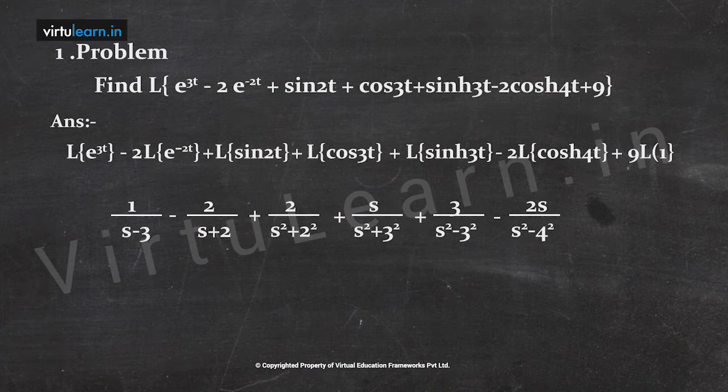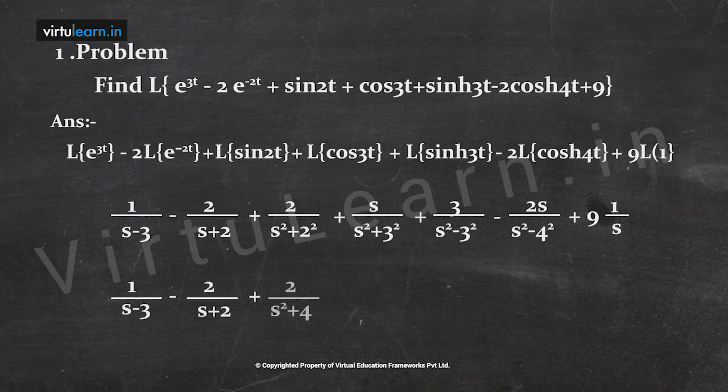Now Laplace transform of 1 is nothing but 1 by s. Now I am doing the calculation part here: 1 by s minus 3, minus 2 by s plus 2, plus 2 by s squared plus 4, plus s by s squared plus 9, plus 3 by s squared minus 9, minus 2s by s squared minus 16, plus 9 by s.